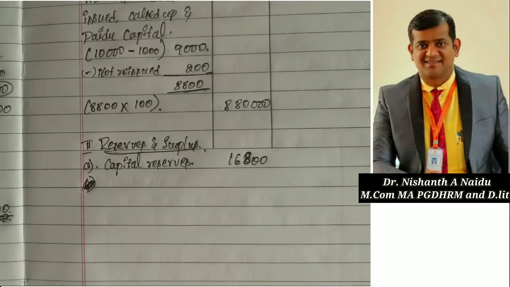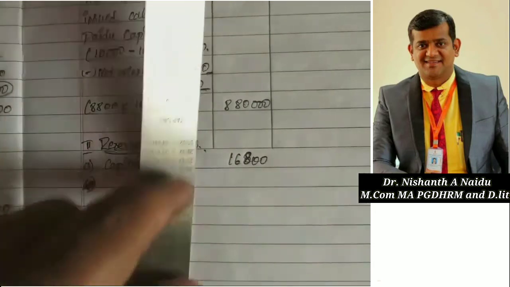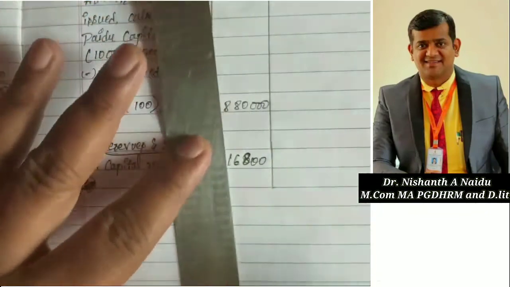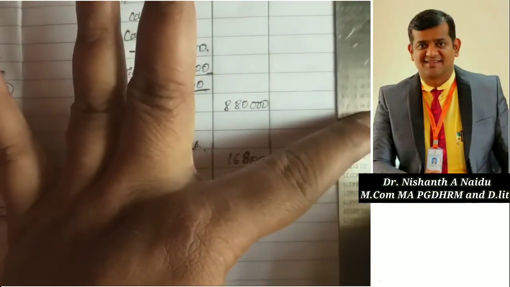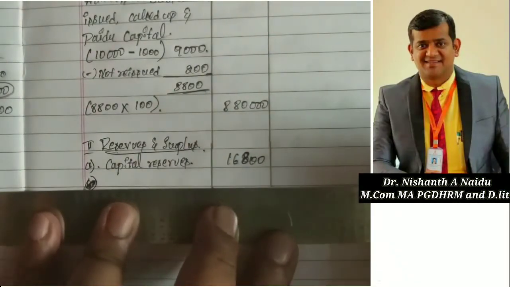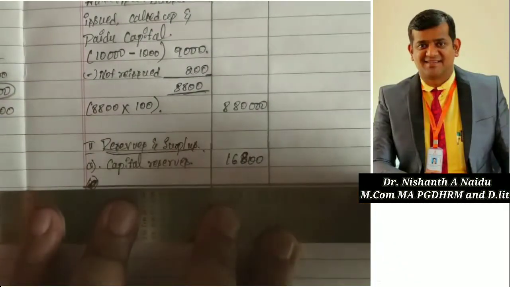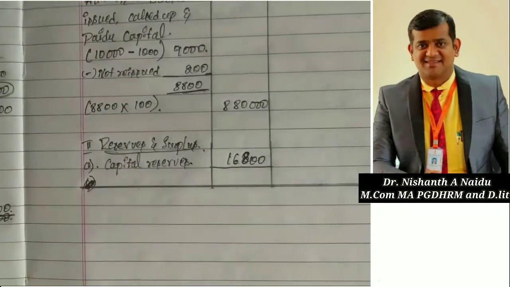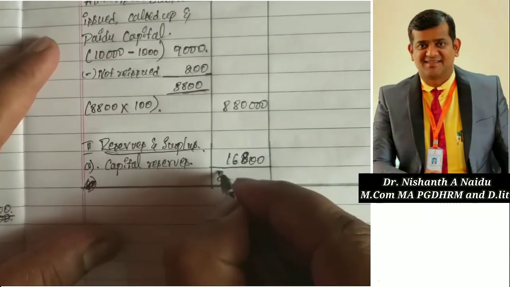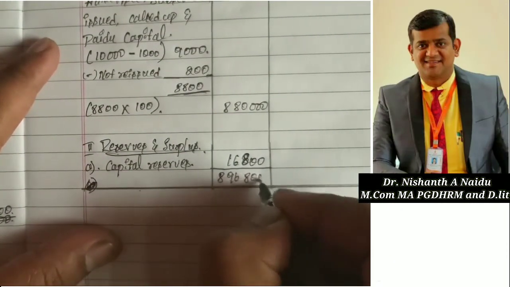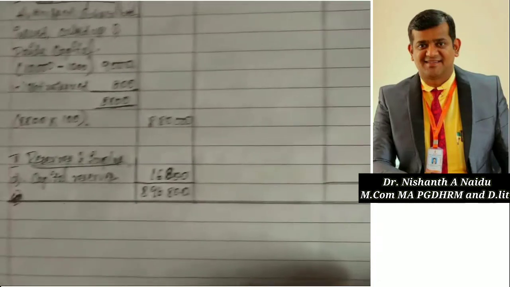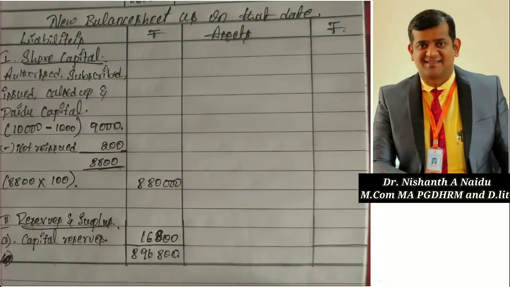So let us close this table over here. Now total 8,96,800. Correct. 8,96,800 rupees.